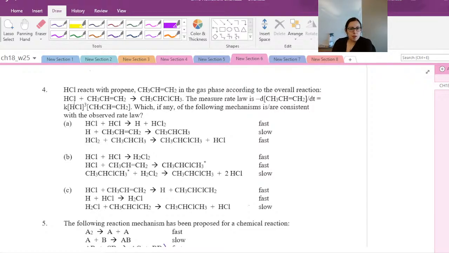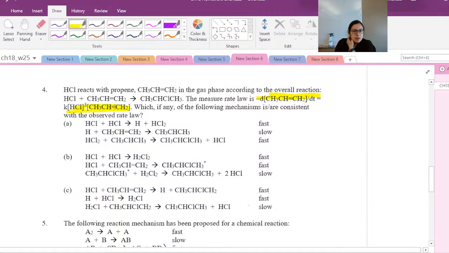HCl reacts with propene, and there's our formula for propene, in the gas phase according to this reaction. Notice we're given our measured rate law, and which, if any, of these mechanisms are consistent with our observed rate law. So how do we go through that? Take some time and try to analyze it.